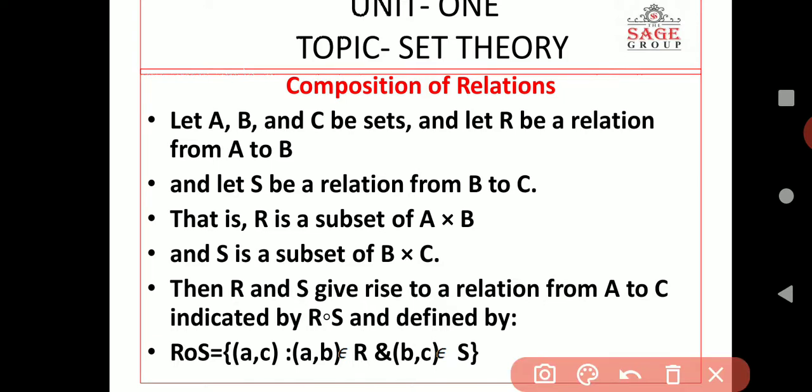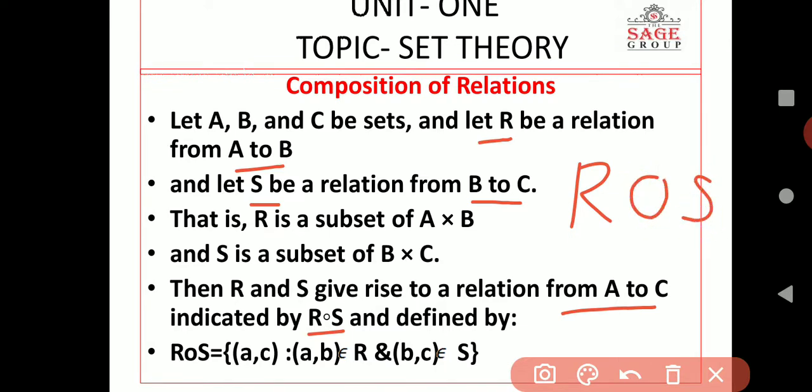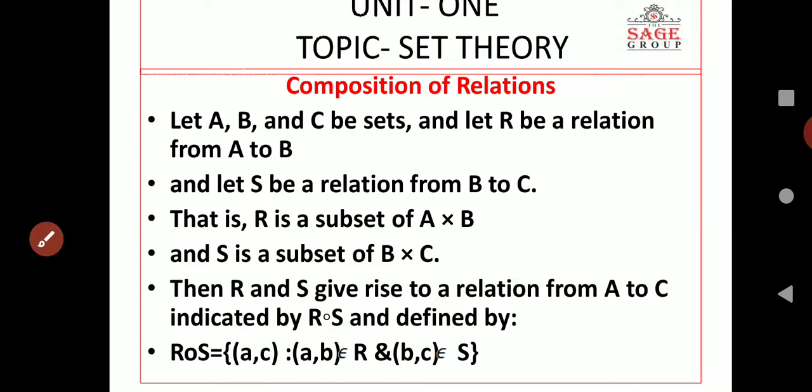If we have a relation S from B to C, and a relation R from A to B, then the relation from A to C is indicated by R o S, such that (a, b) belongs to R and (b, c) belongs to S. So this is called composition of relation.